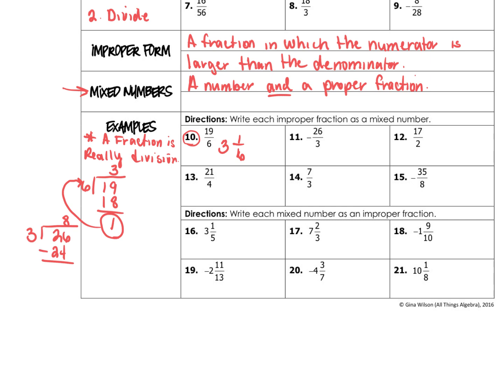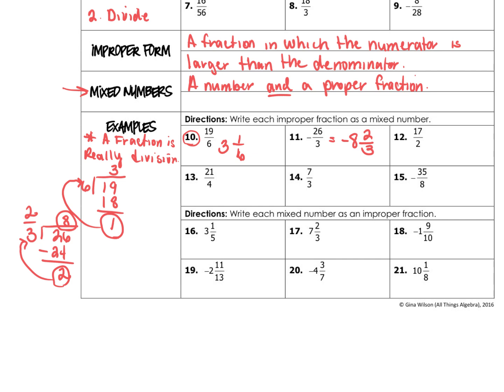When we subtract, we get 2. So 8 is our whole number, and our fraction is 2/3. You put what's remaining over the divisor. And now we have to add the negative back. So don't forget about that. So the mixed number for this is -8 and 2/3.